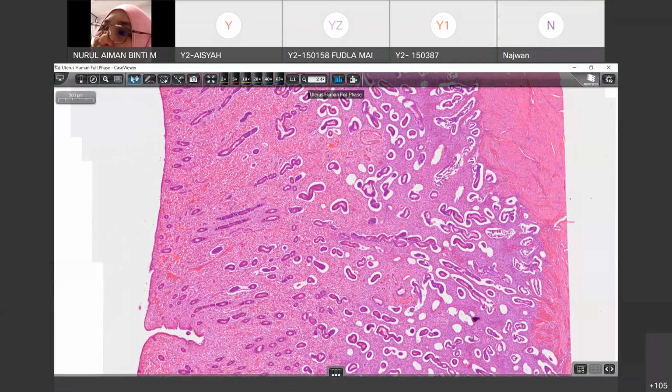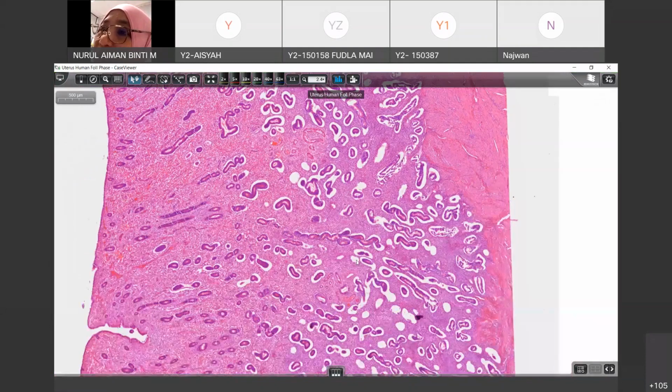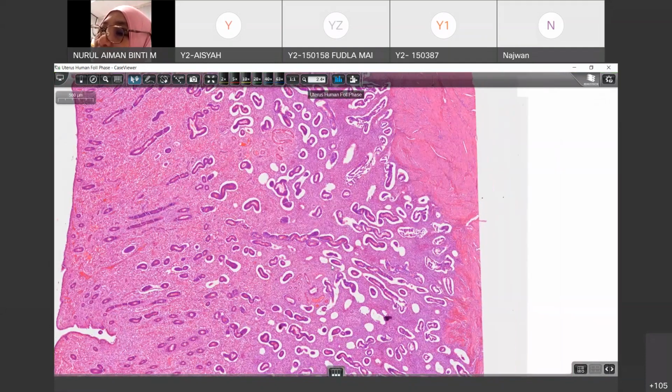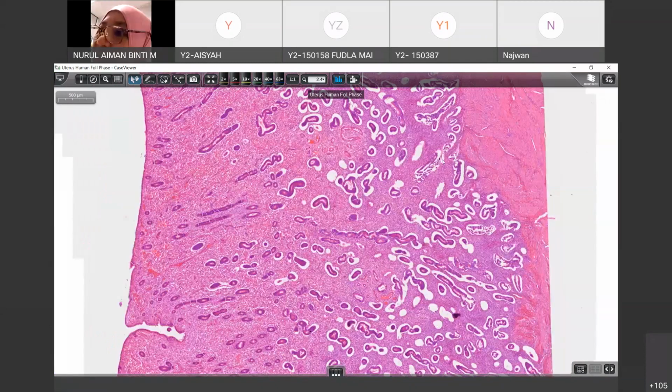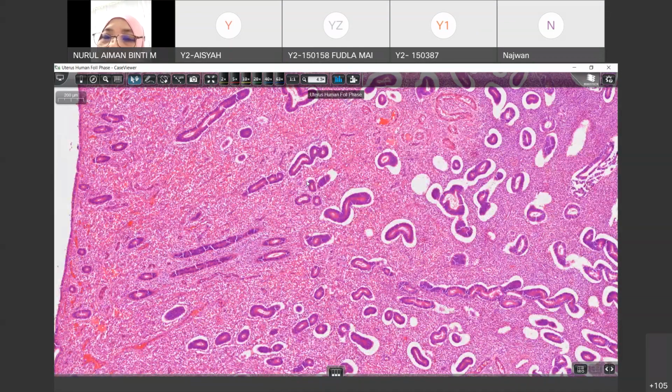I have mentioned this before, but what is the difference in the cellular component of the basal layer as compared to the functional layer? What can you see?